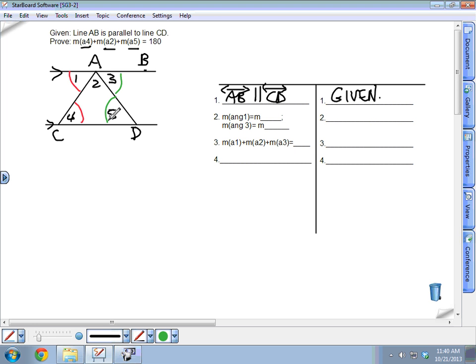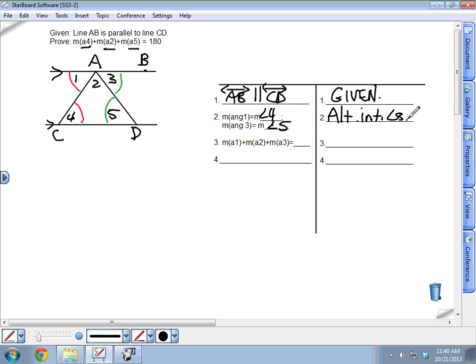So the measure of angle 1 is equal to the measure of angle 4, and the measure of angle 3 is equal to the measure of angle 5 here. Why? Alternate interior angles. Okay?